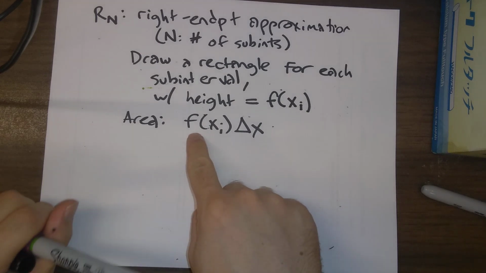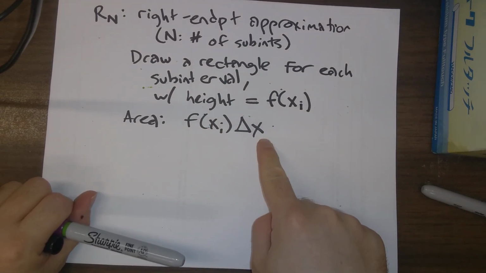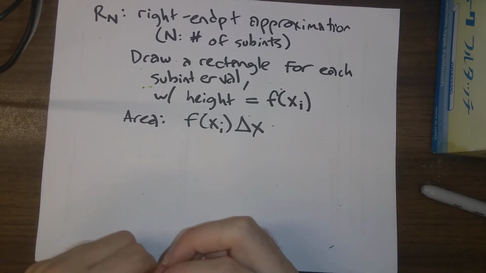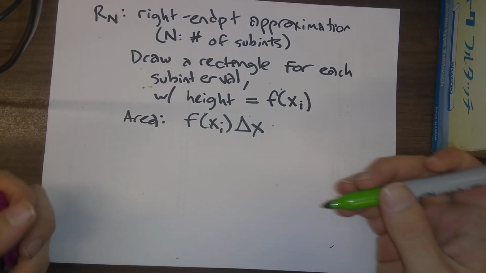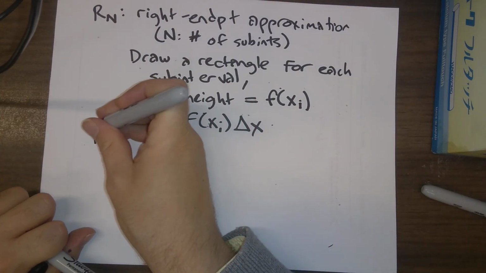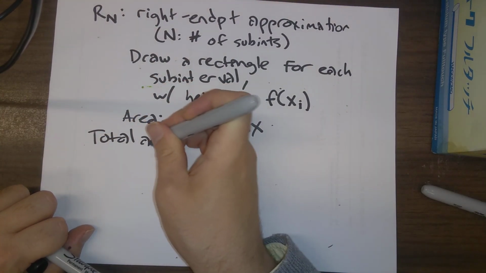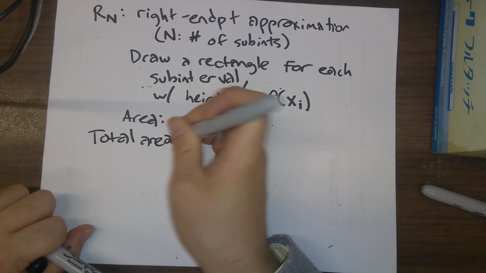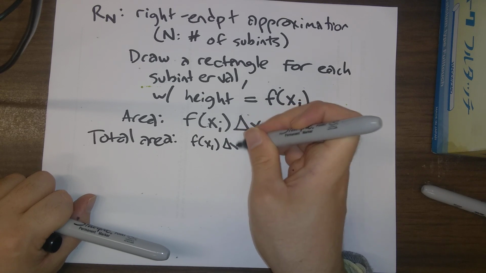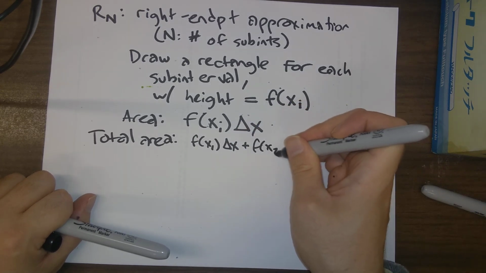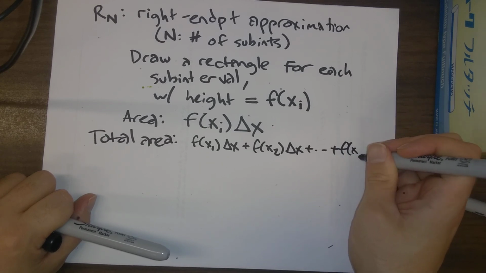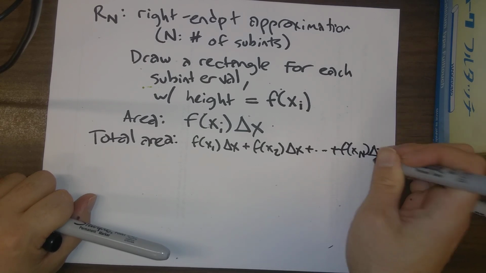Overall, the area of each of these subintervals is f of xi times delta x, and we need to add up all of these areas. So the total area would be f of x1 times delta x plus f of x2 times delta x plus dot dot dot f of xn times delta x.